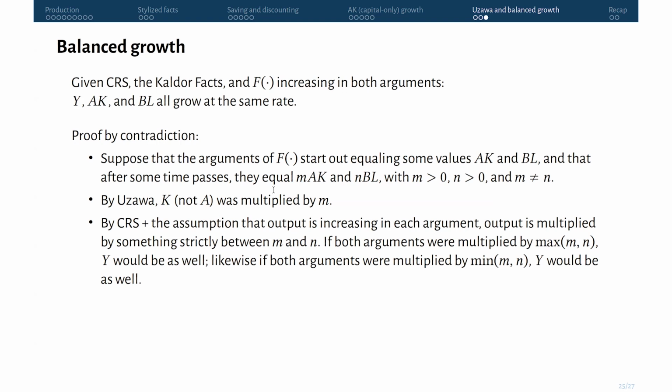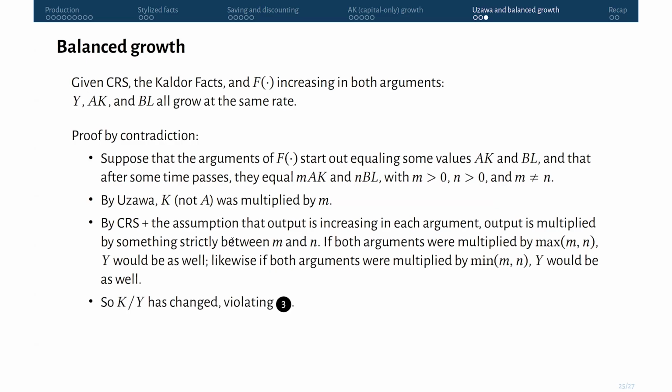But we know that it grew by more than the minimum because it's increasing in both arguments. And so, you can think about multiplying both factors by the minimum and then increasing just the other one. And likewise, we know it grew by less than the maximum by the strictly increasing assumption because you're decreasing the other.